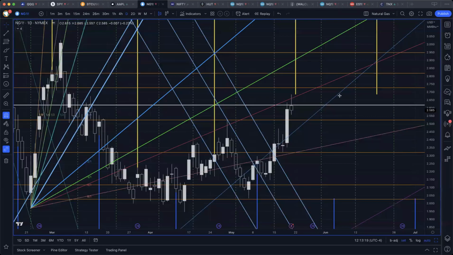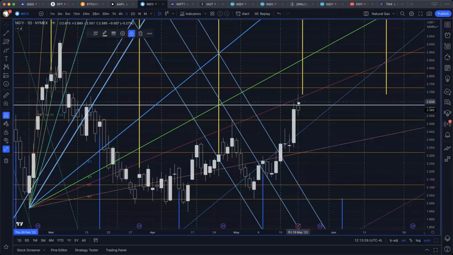Natural gas had a bit of a week, and we can see here how it's broken through these Gann fans coming down from highs, and it's right back up to this white magic level at 2.618.